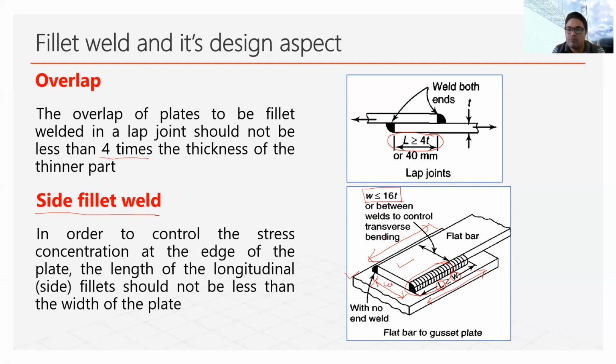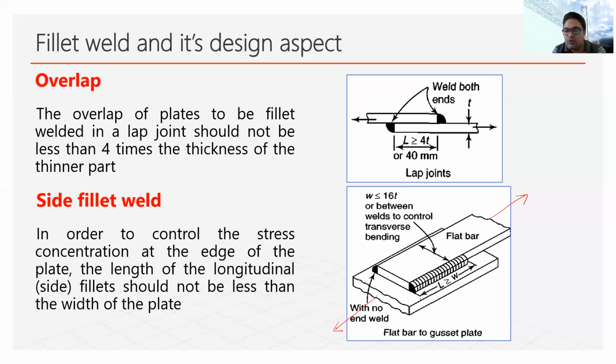Now we have to understand the meaning of transverse welding and longitudinal welding. I am showing you in the same diagram. Say, for example, the force is going in this direction.